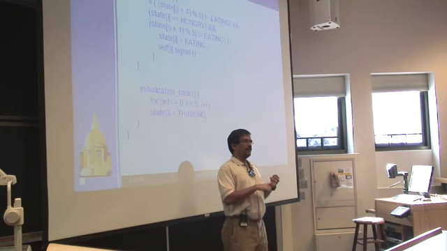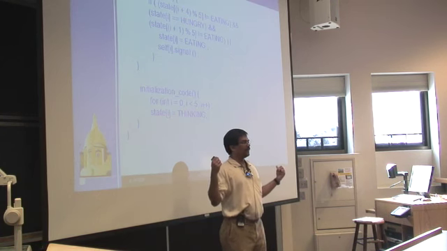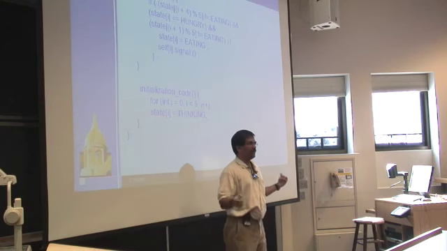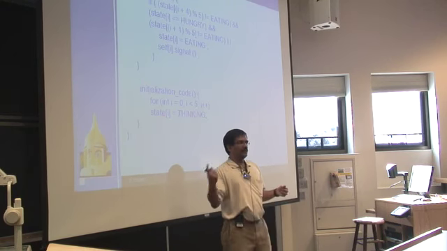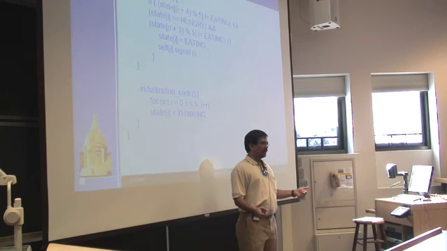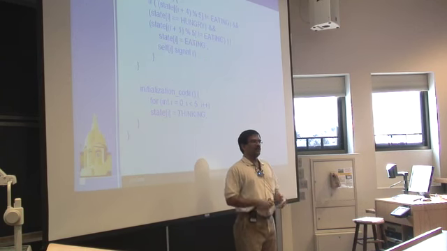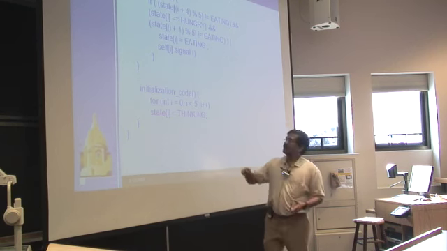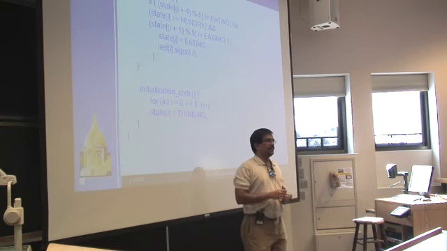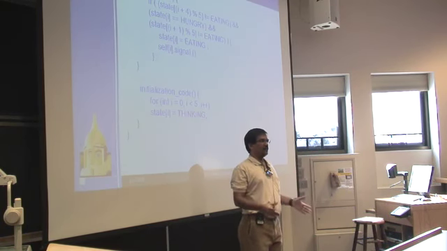It can be either thinking, hungry, or eating. When the philosopher doesn't want to eat, they'll be in the thinking state. When they want to eat, they'll be in the hungry state, and when they're actually eating, they'll be in the eating state, right?